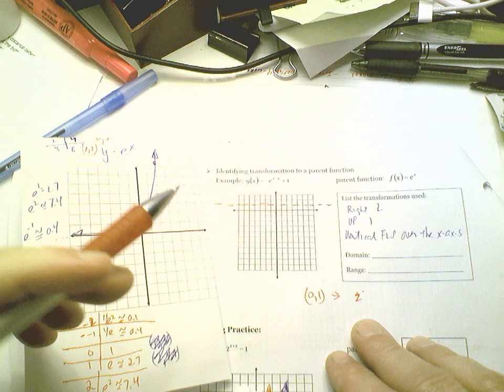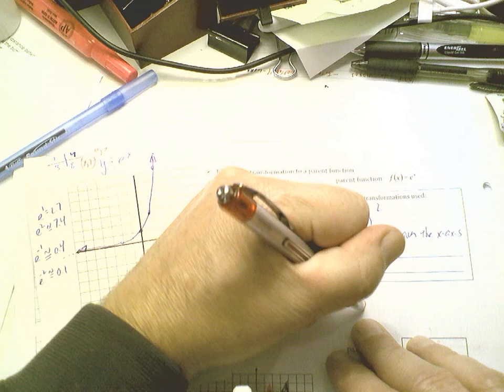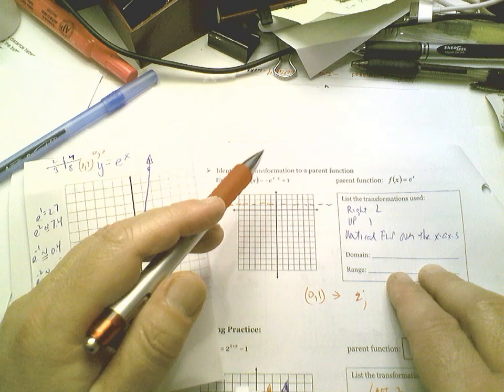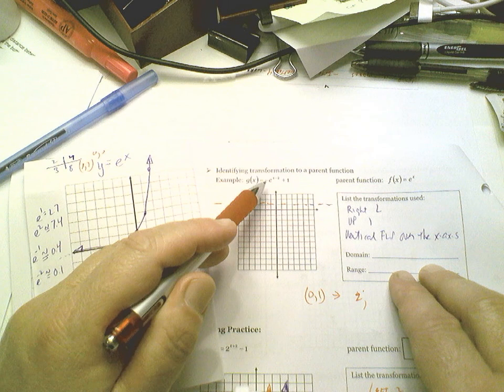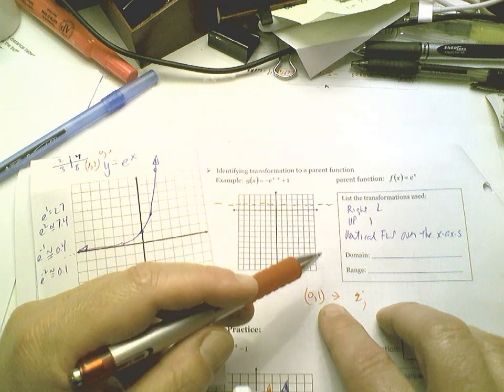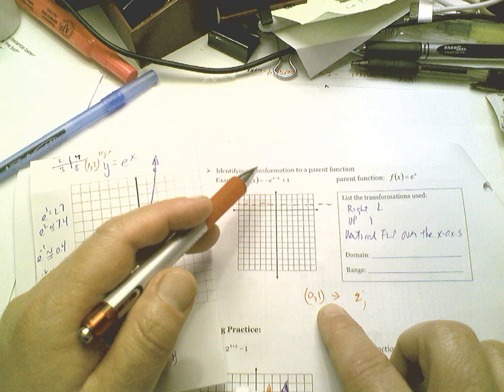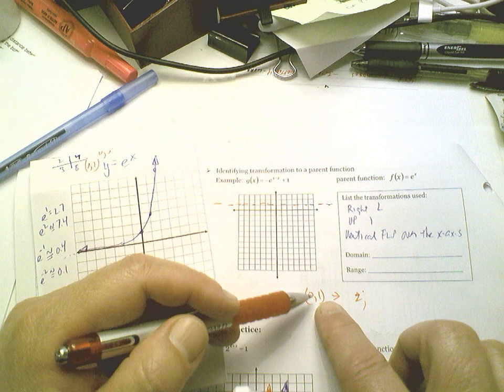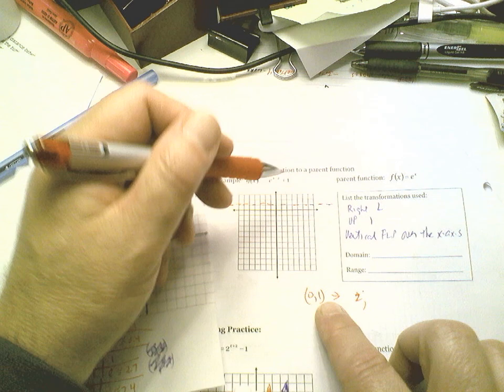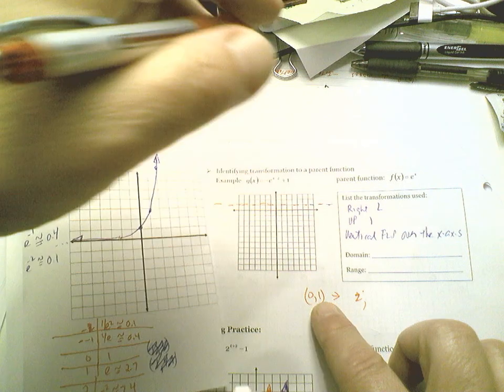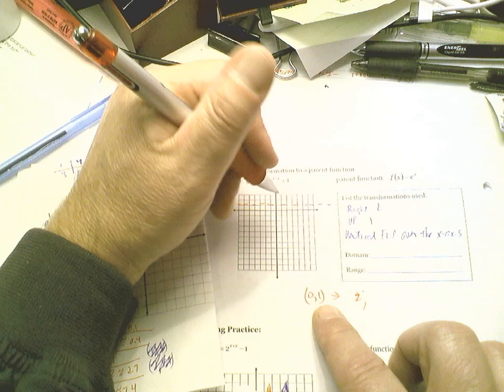Well, 2 things. First things first, make it negative. Well, it used to be 1. Now it's going to be negative 1. And add 1. Negative 1 plus 1 is 0. I have a point at 2, 0.